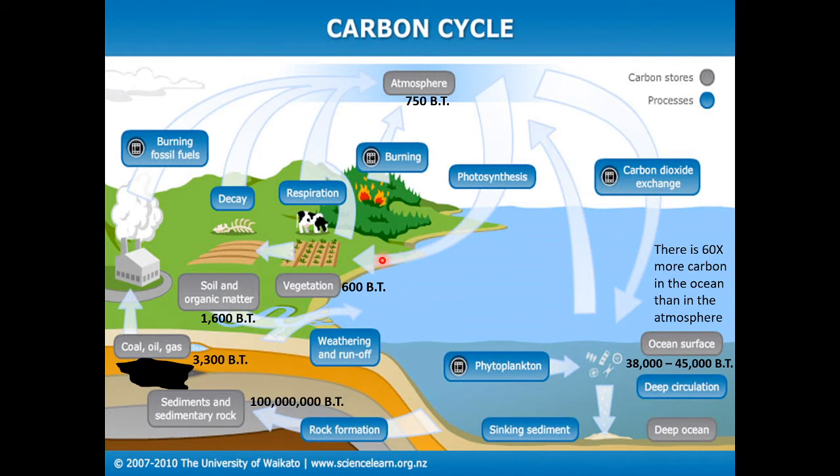We talk about why plants are so important. They're really one of the only things that we have to take carbon out of the atmosphere, right? So if our blanket gets too thick and we start getting too warm, we're really relying on plants to help us with that process of taking the carbon out of the atmosphere. There is also this carbon dioxide exchange that happens in the oceans.